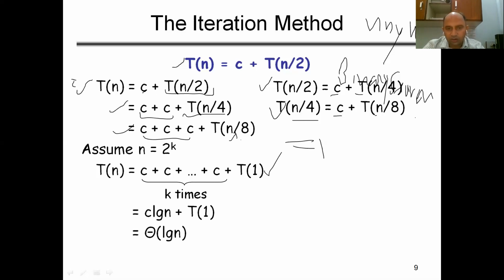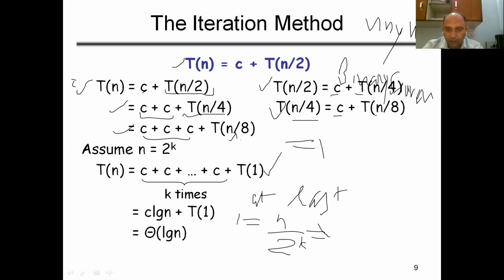So how did this come about? We know that after k steps the problem size is reduced, so ultimately it comes to 1. So how can we find the value of k? Let's find the relation. At last, 1 equals n upon 2 to the power k.